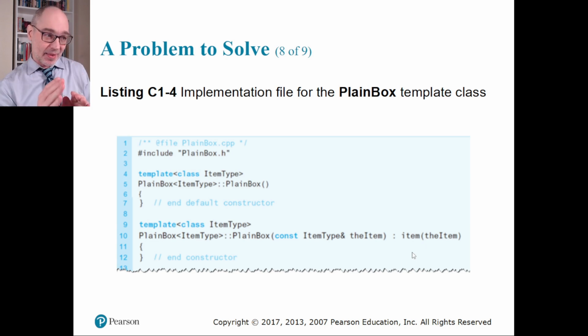Now, the second thing I'll point out is up on line 1. They're putting this code in plainbox.cpp. So I hope you recall from our prior programming course when we were talking about template classes that there is a difficulty about where to put the implementation code for your template functions.